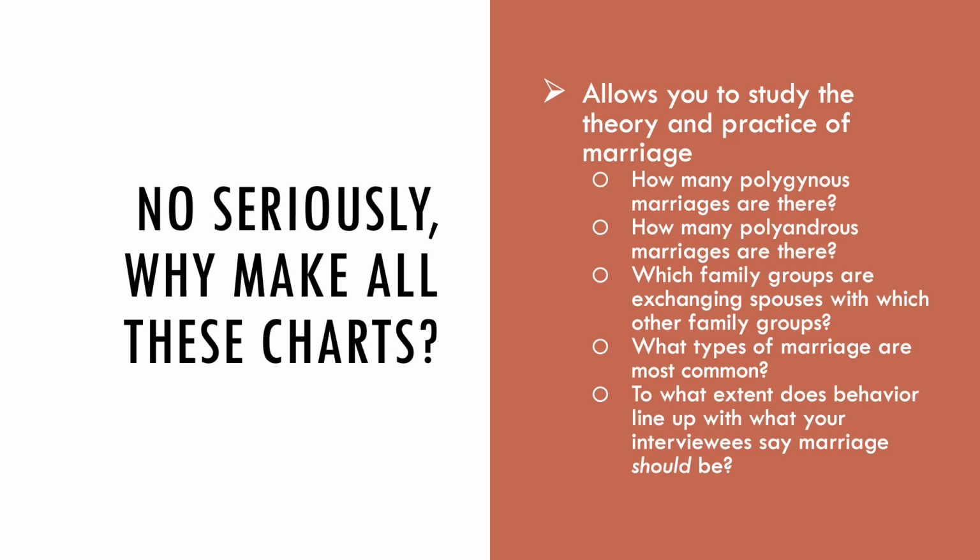If you interviewed a bunch of people in this society, they'd probably tell you something about their ideals of marriage and so on. But when you actually look at the marriages that happen with the genealogical charts, you can say, wait, okay, everybody says this, but everybody's actually doing this other thing. Maybe that's a little obvious, though. So what else can you learn?